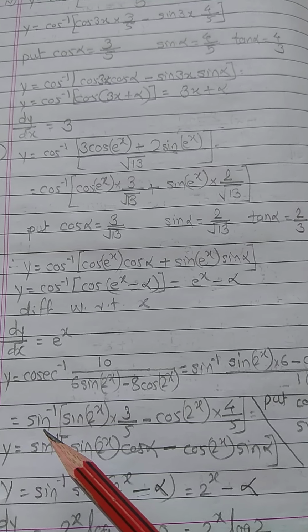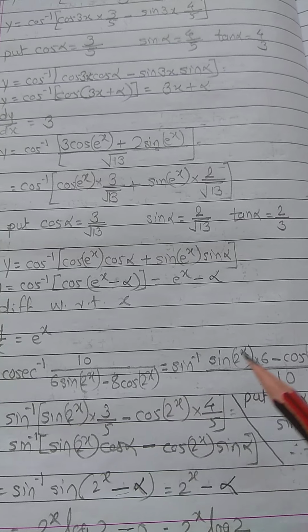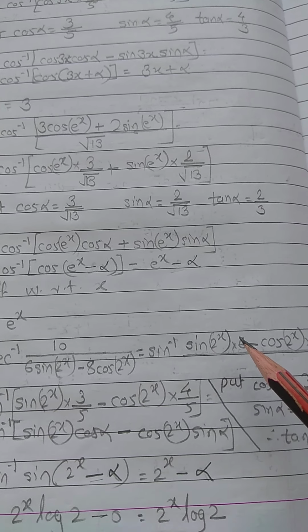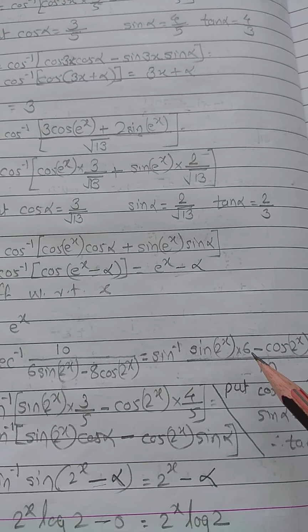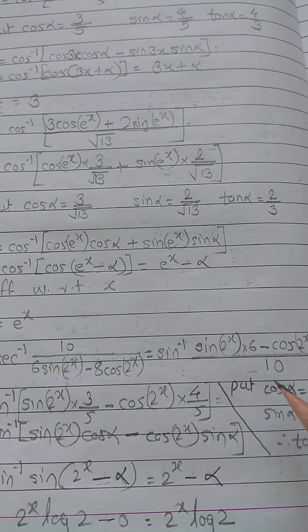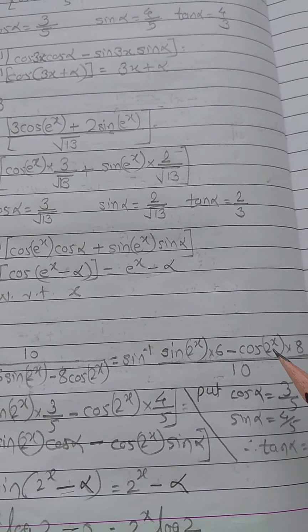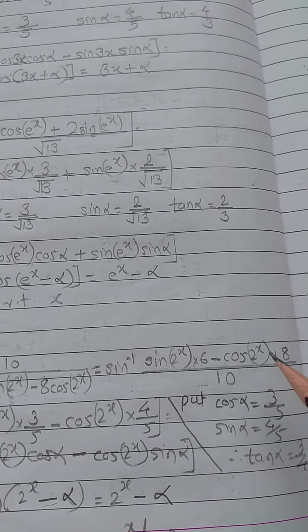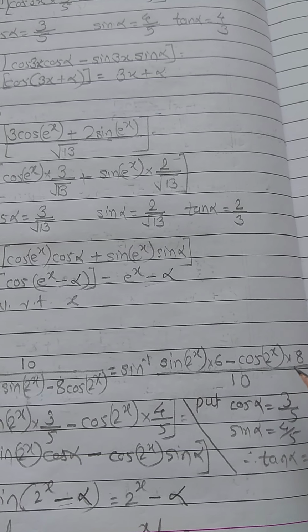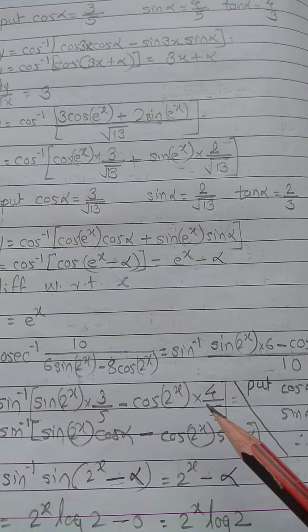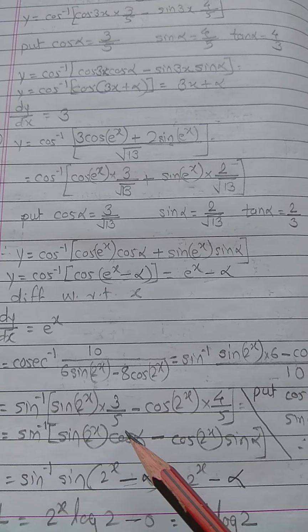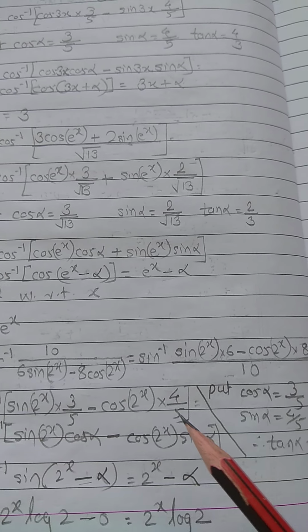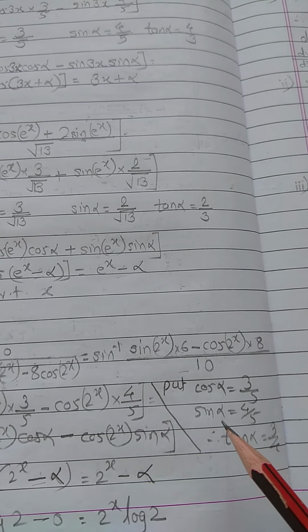Therefore, y equal to sine inverse of sine 2 raised to x into this 6 by 10. 6 by 10 means 2 3s are 6, 2 5s are 10, into 3 by 5 it will be minus cos 2 raised to x, 8 by 10, that will give you 4 by 5. Now in place of 3 by 5, we will write cos alpha, and in place of 4 by 5, we will write sin alpha.